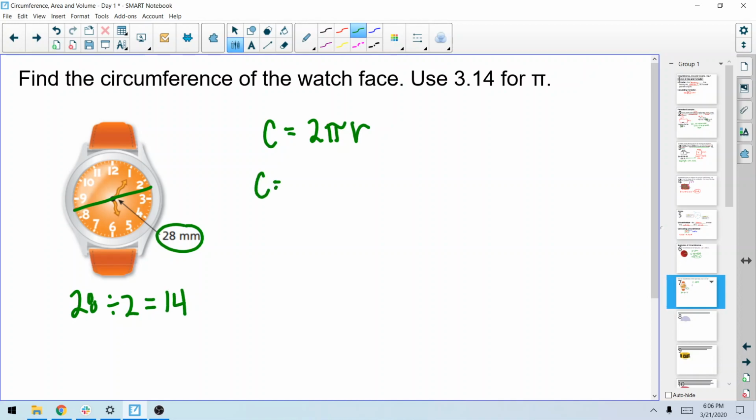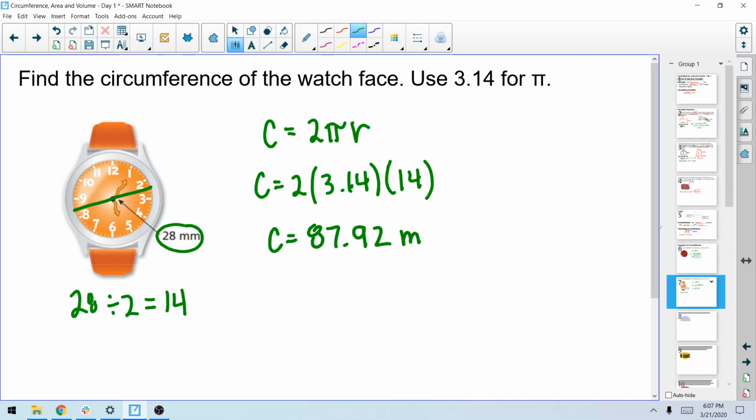So circumference, 2 times pi, which again we're going to use 3.14, times your radius, which we said was 14. Grab your calculator. 2 times 3.14 times 14, and I got 87.92 millimeters.